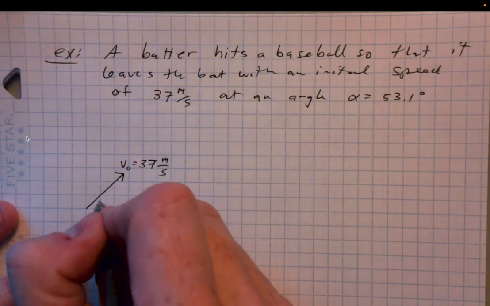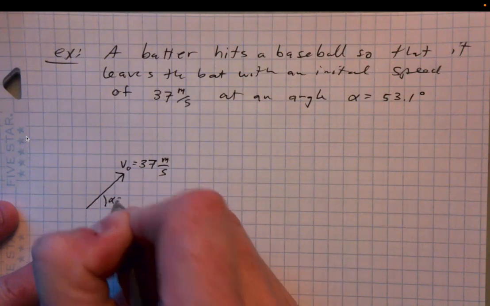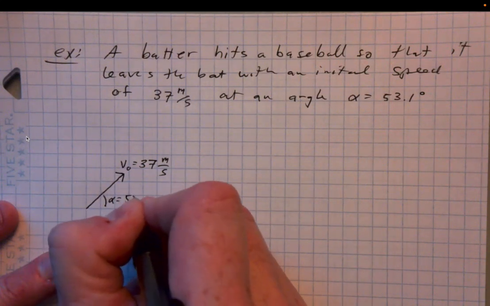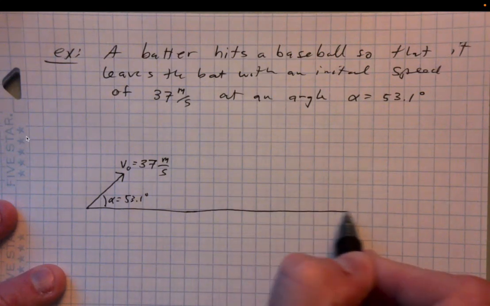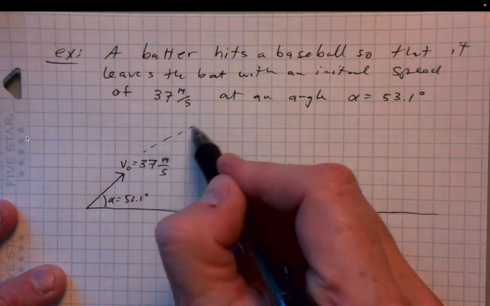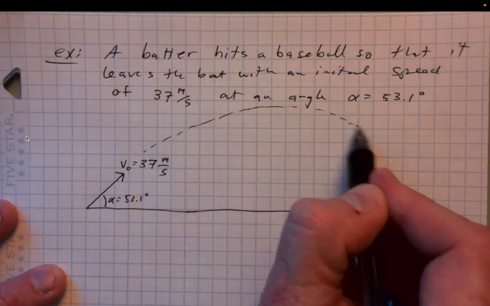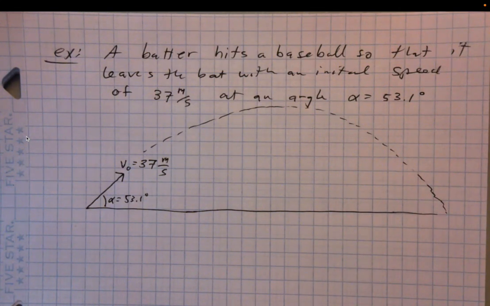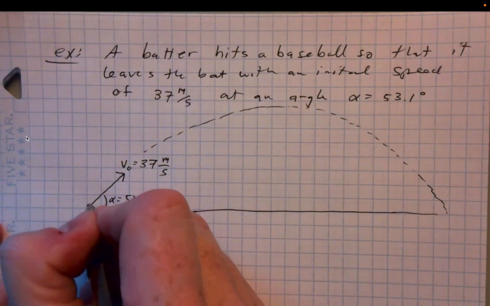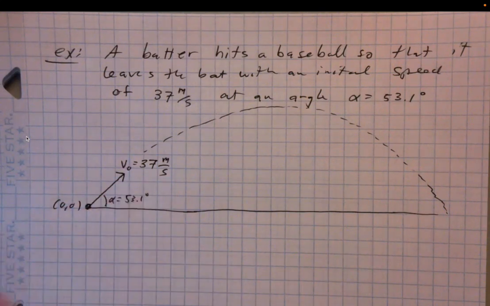And we're told that alpha is equal to 53.1 degrees. Okay, and so you've got ground level here. So this thing is going to go tearing off of the bat, and it's going to follow a path that looks a bit like this. Right, and we'll take this to be 0, 0.